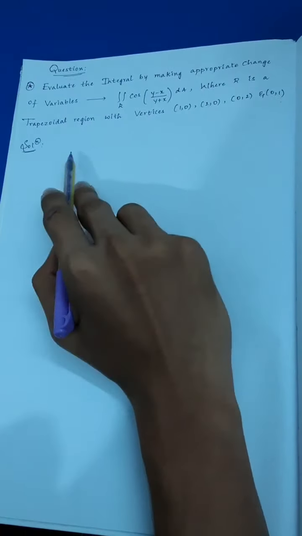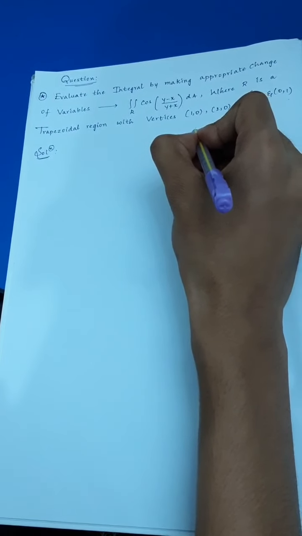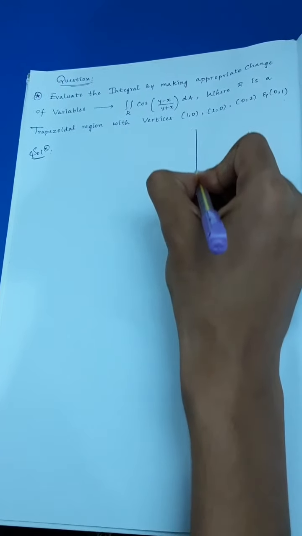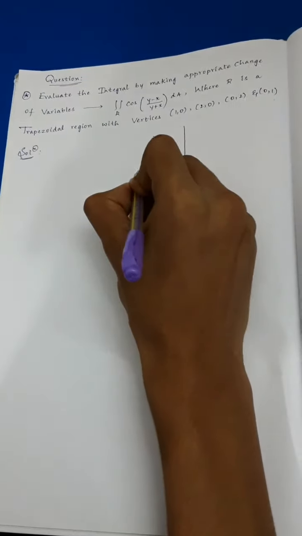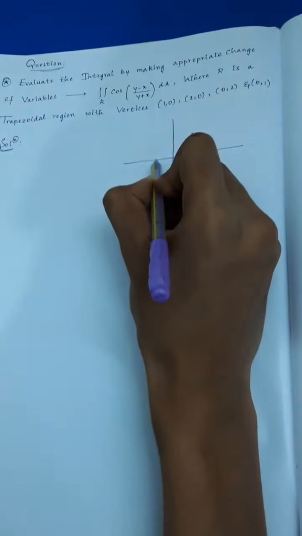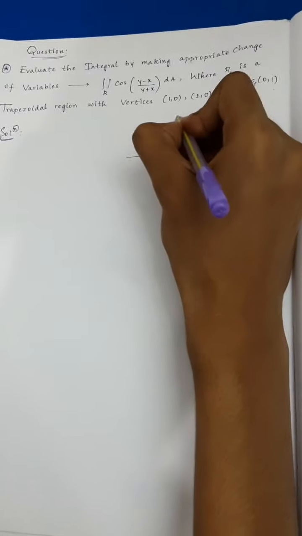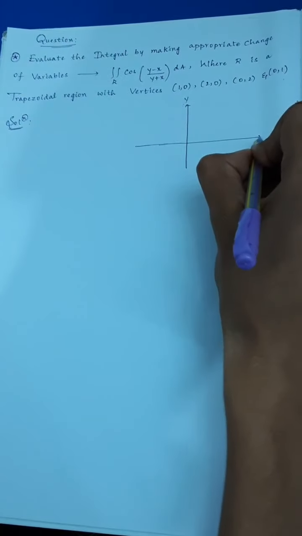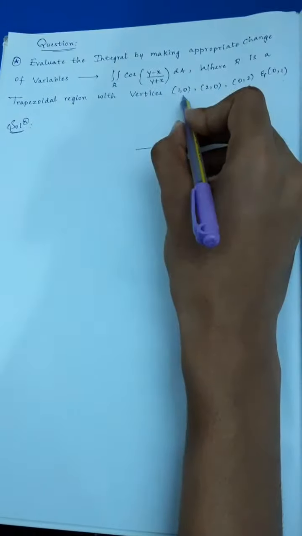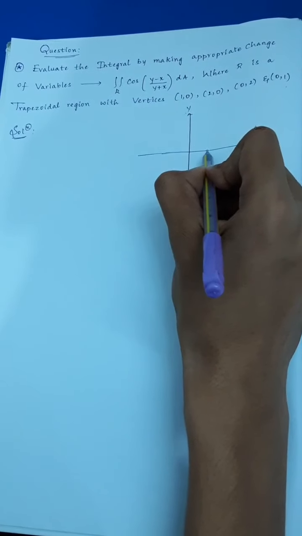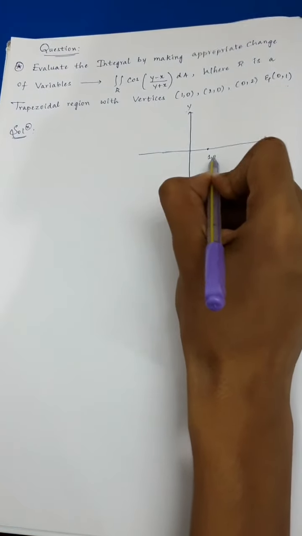So it is a trapezoidal region which we are going to plot now in the xy plane through these points. Here this is the y axis, this is the x axis. (1, 0) lies on the x axis.